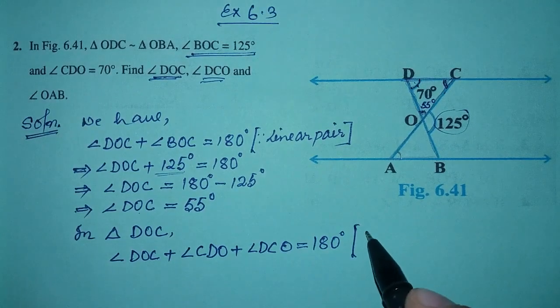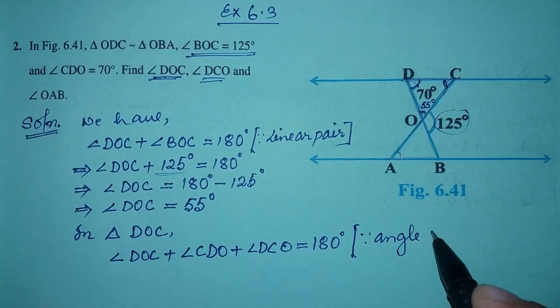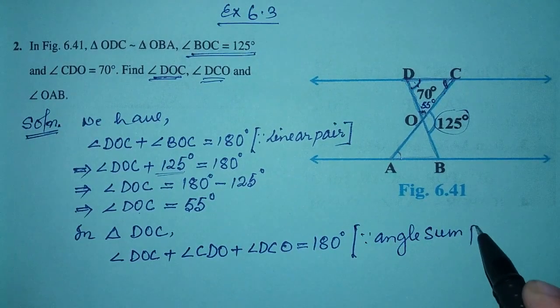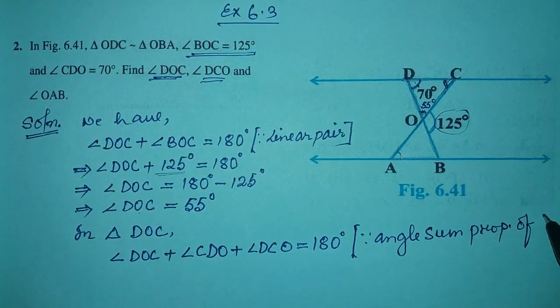This is the angle sum property of a triangle.